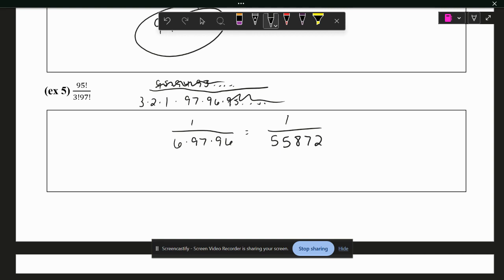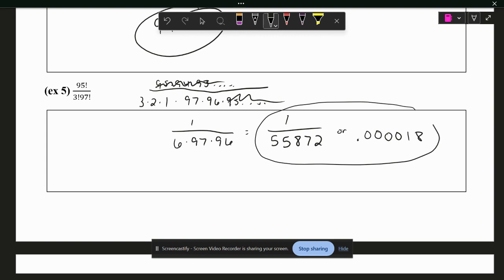If you make this into a decimal, it would be 0.0000018.